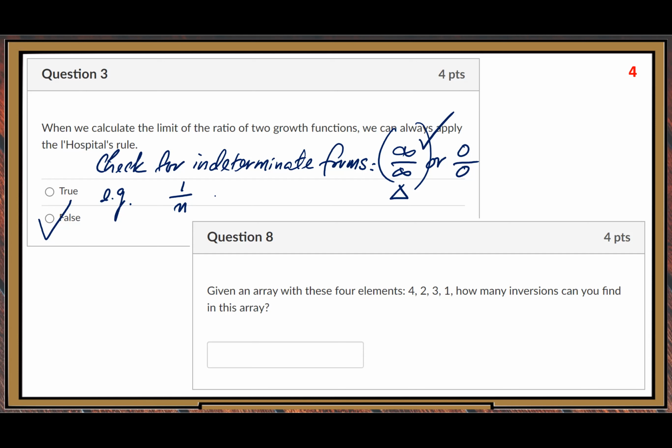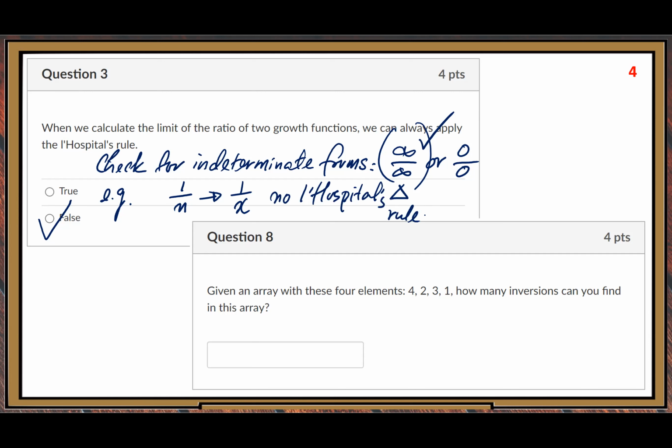So when we convert it to the continuous form, you cannot use L'Hopital's rule. No L'Hopital's rule.